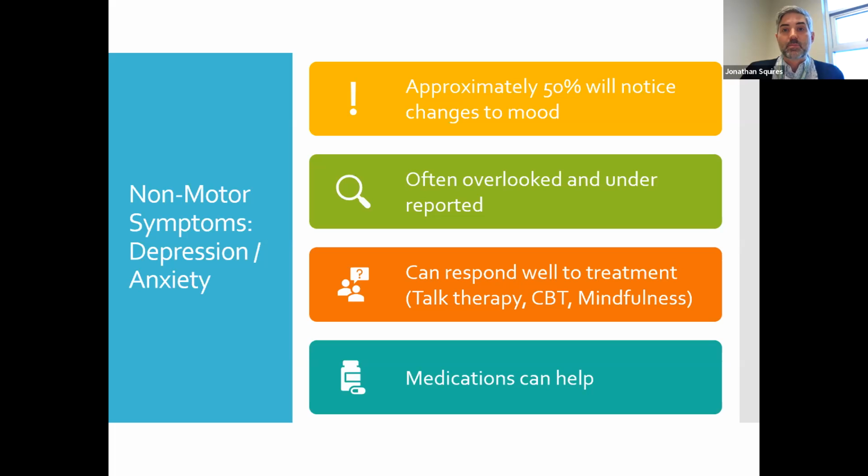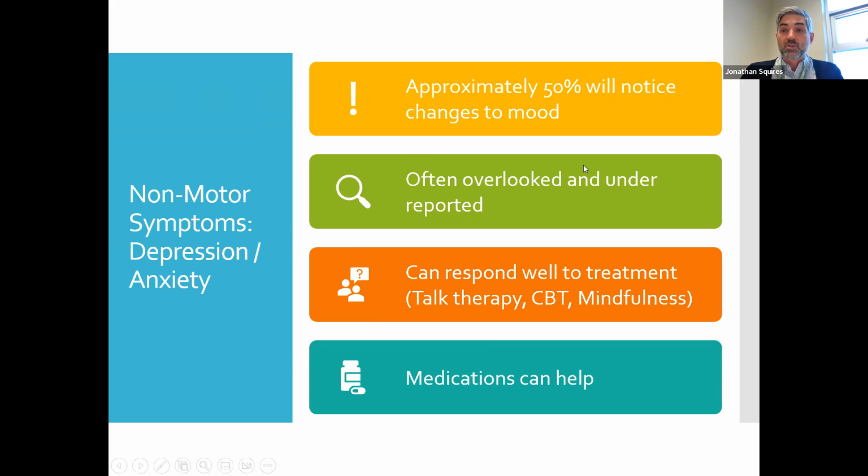It turns out that people with Parkinson's are much more likely to be depressed than people with those equally disabling conditions. It's often overlooked and underreported. Sometimes it can be overinterpreted because of that flat, mask-like face that people get. Sometimes people's families will interpret that as them being depressed because they're not animated. So it can be a little bit tricky to tease this one out.